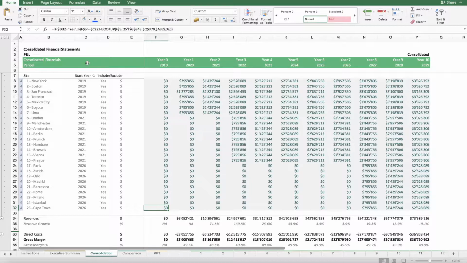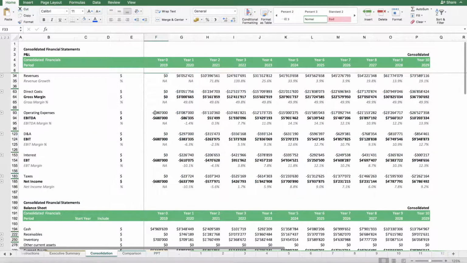You need to adjust the formula so it refers to sheet number 26. All other formulas, unless changed, stay the same. Then you can add this up so that the consolidation can be expanded to include as many sites as you need. That would be the idea of the model.